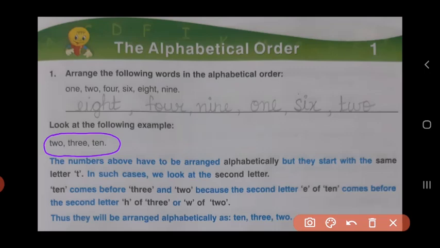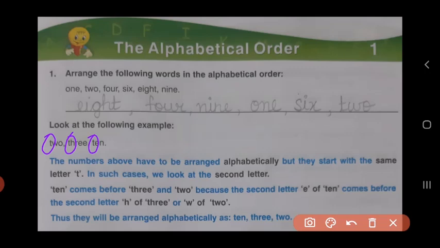No. Why? Because if you see, all the 3 words' starting letter is which letter? T. So that means all the words start with the same letter. So I can't arrange them in alphabetical order by looking at the first letter.